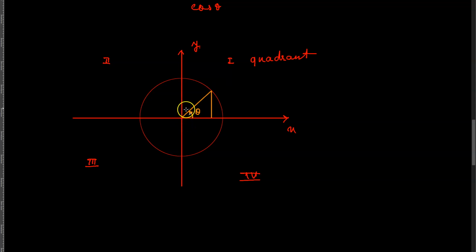And for sine theta, we say that it is the side which is opposite, meaning the side that is opposite to the theta, to the hypotenuse.